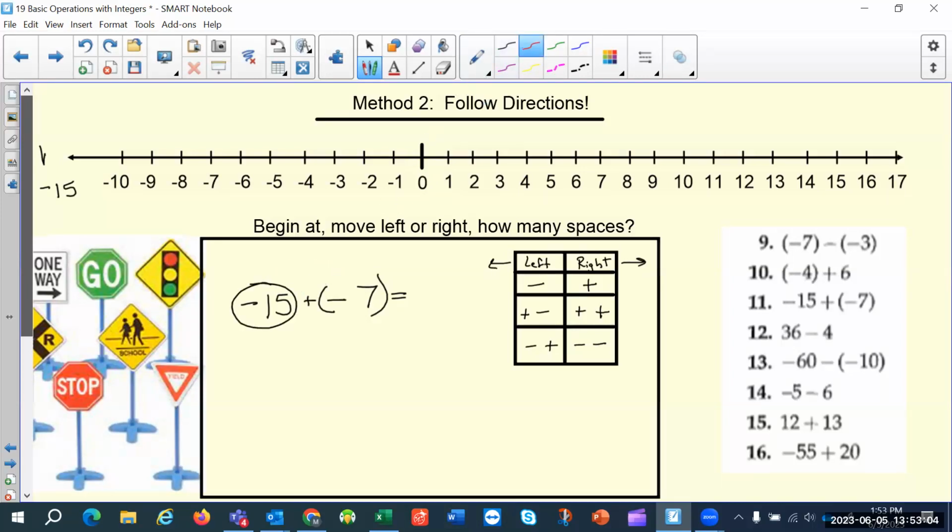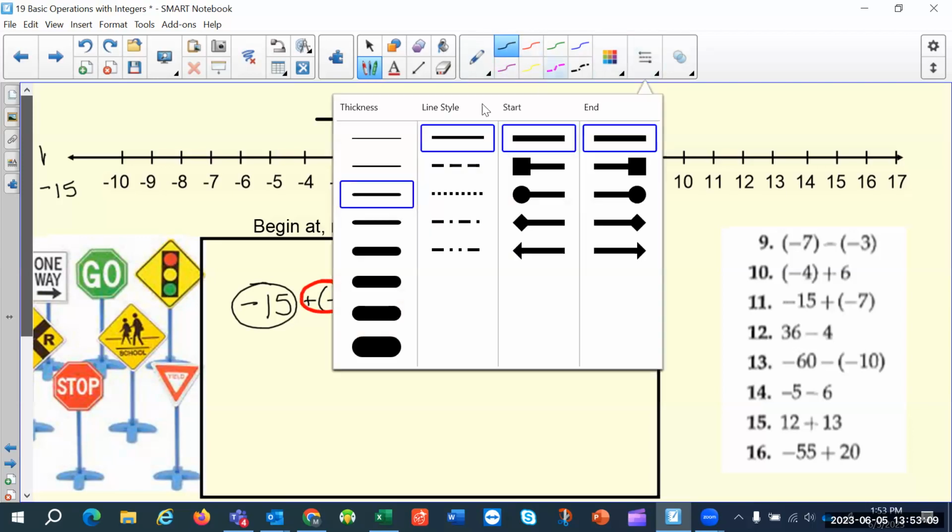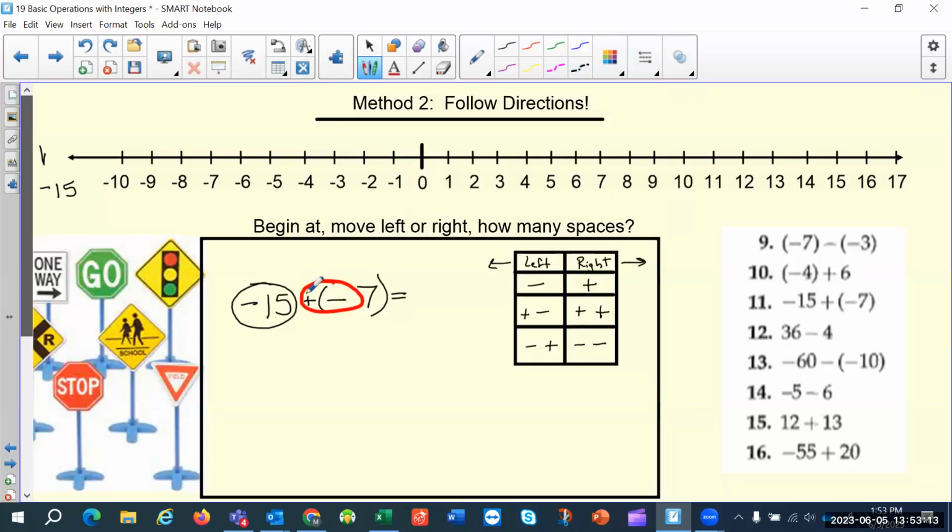Now I'm looking at these 2 signs in here. These are the signs I'm looking for. I am not looking for the sign in front of the first number, just the ones in between. I've got plus and negative. Plus and negative says I'm going to the left. Well, I'm in trouble here because I can't count 7 spots to the left of 15.